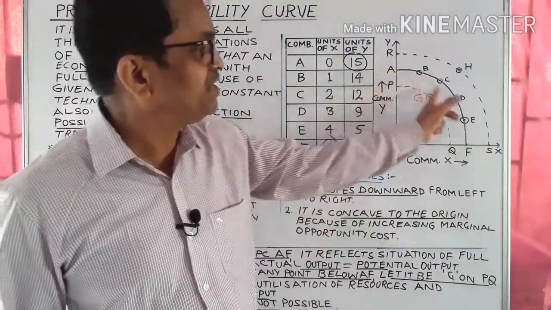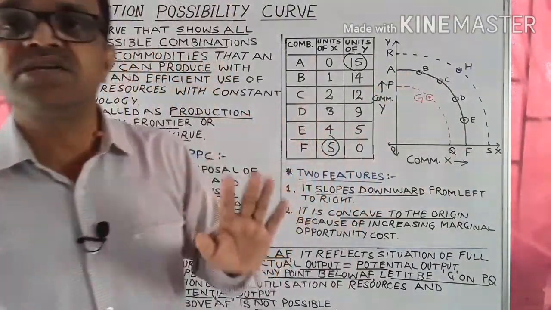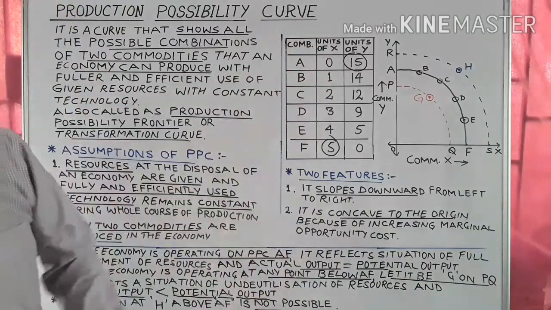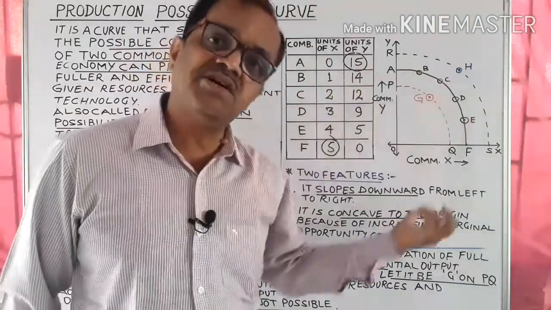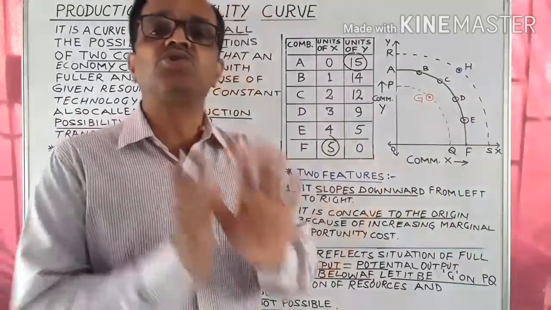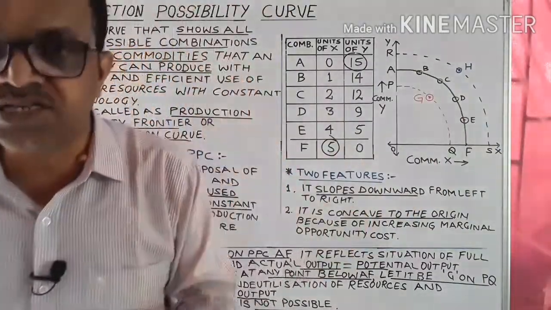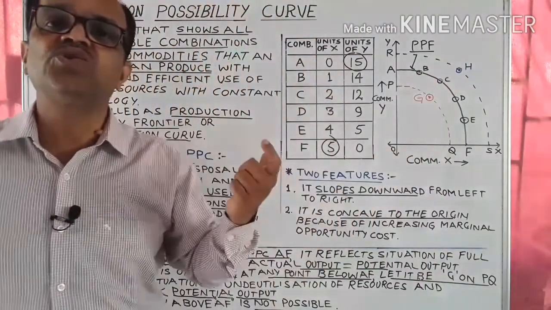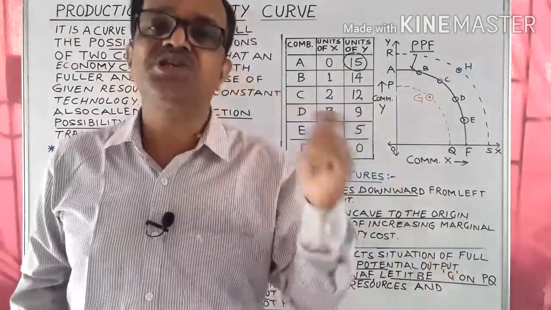Means AF here is the production possibility curve. That figure AF is representing here the production possibility curve. This curve is also known as the production possibility frontier, or it is also called the transformation curve.